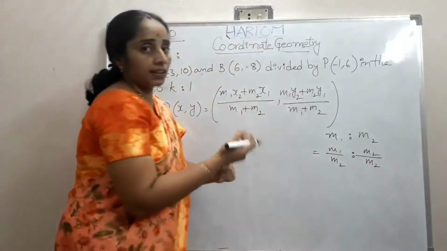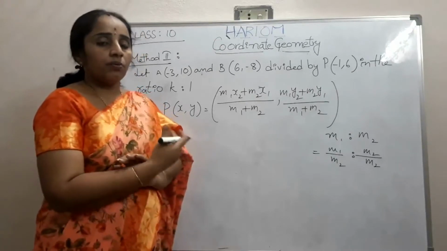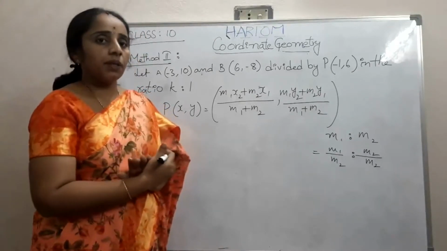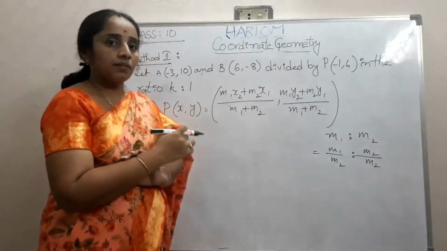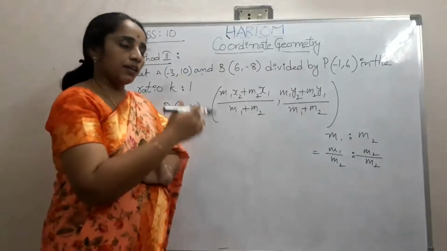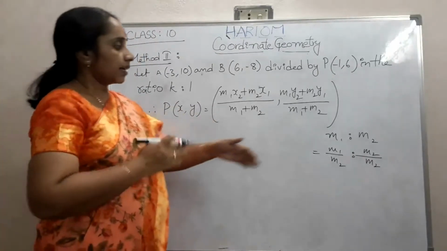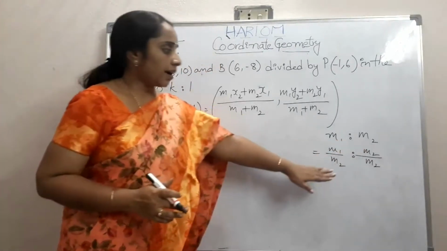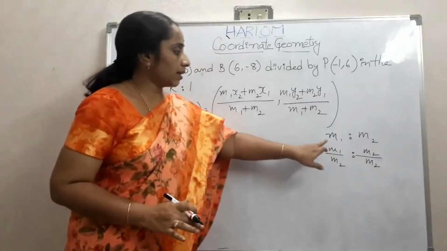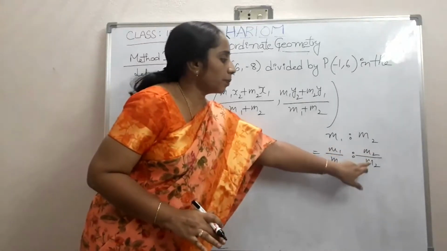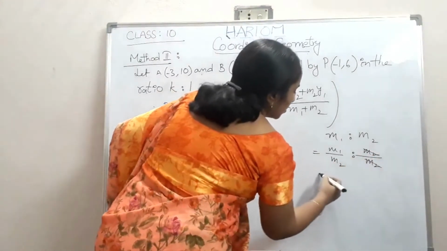As you know, in your earlier classes, you have learnt that for a ratio or a division, if we multiply on both sides by the same number, the value never changes, or if we divide, then also its value never changes. So m1 is to m2, I have divided by the same number m2. m1 by m2 is to m2 by m2, and m2 by m2 is 1 only.